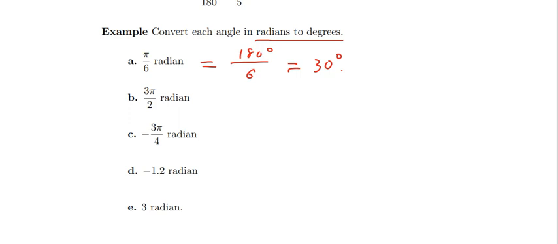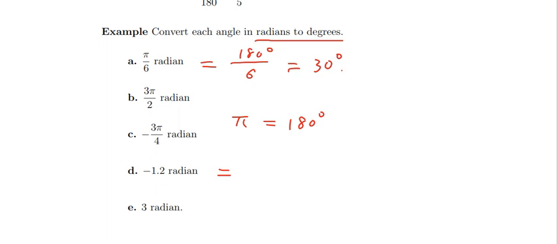Okay, so here the same, right? If we have a pi, we simply change pi to 180. But here there is no pi. Like for this one, let's look at negative 1.2. We want to change it to degrees. I just remember pi is 180 degrees, right? For 1.2, I want to check how much of pi it is, so I use pi as a unit.